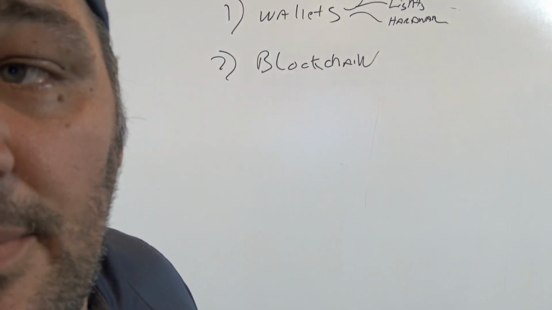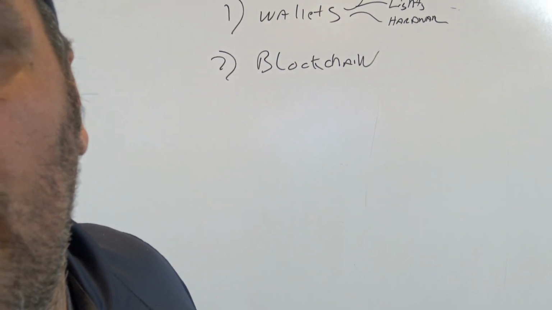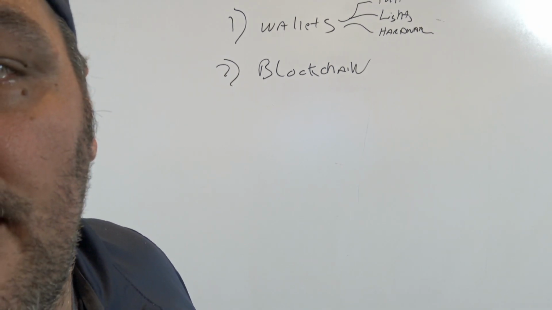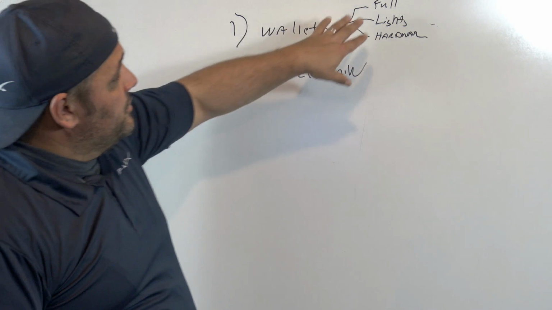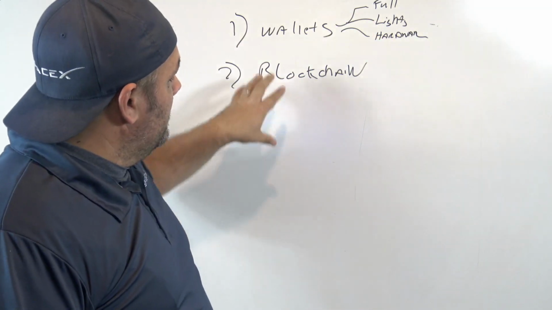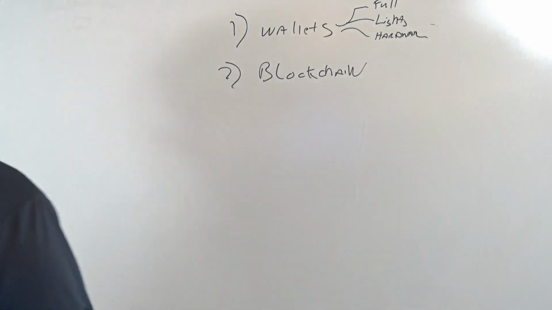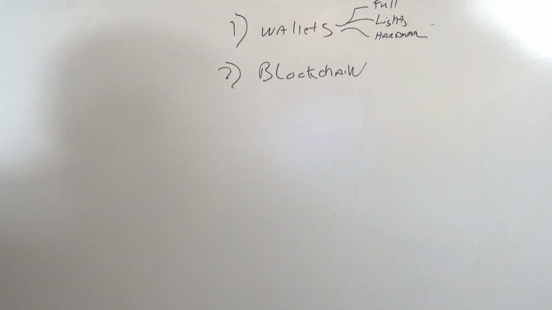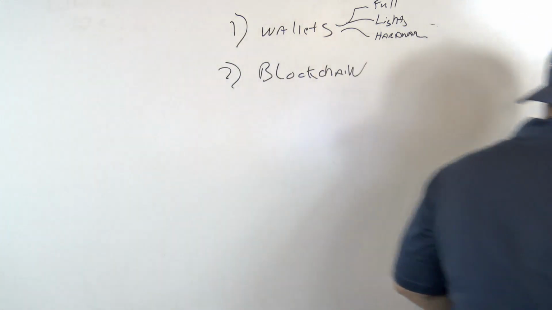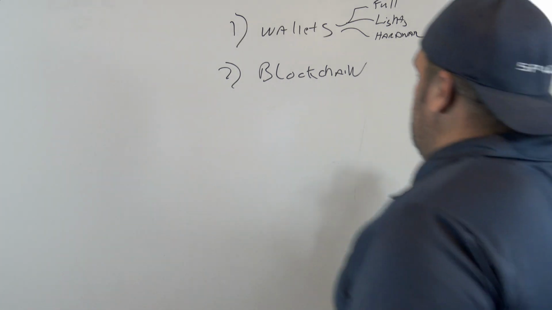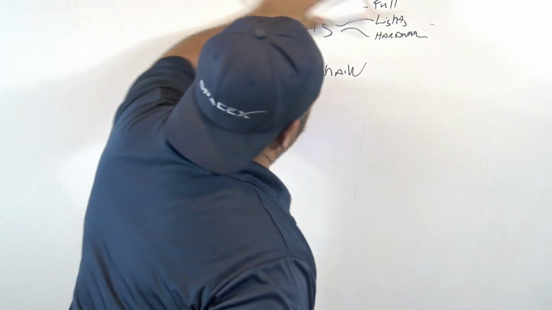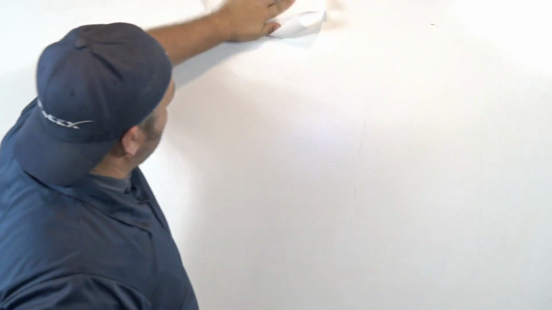I'm going to zoom out just a hair, so you guys can see that. Then we'll go through full, light and hardware, and then really how the wallets interact on a blockchain. I'll make sure I've got my trusty wipes here, so we can get through this piece and explain it.